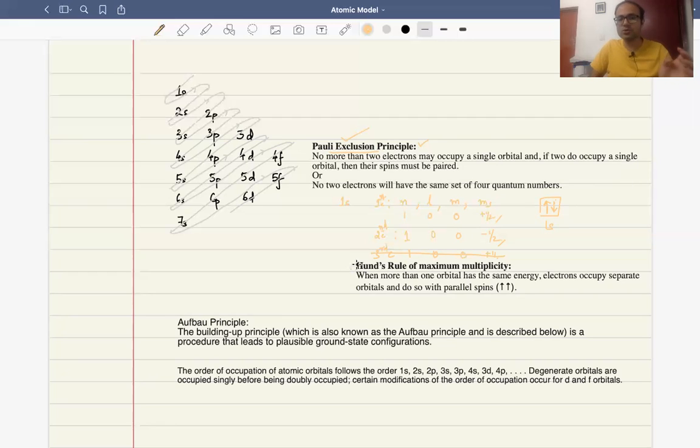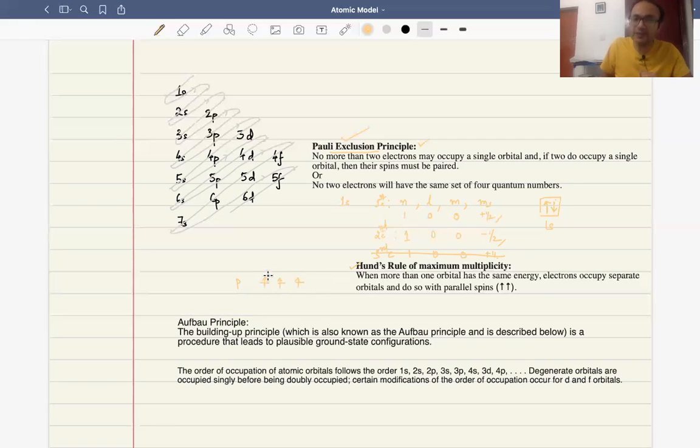Now, what about Hund's rule of maximum multiplicity? This is also pretty easy to understand. If we talk about the p subshell, as we discussed, it comprises three orbitals, and they are degenerate. That means they have the same energy. So when we have to fill these orbitals of the same energy level, what we do is we fill them until they are all half filled.